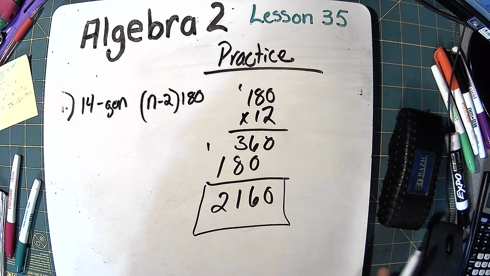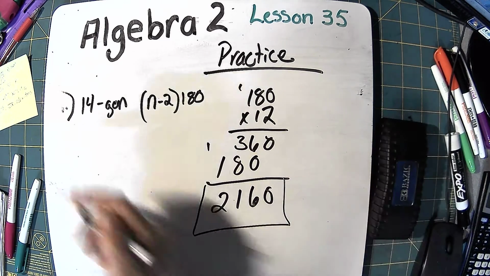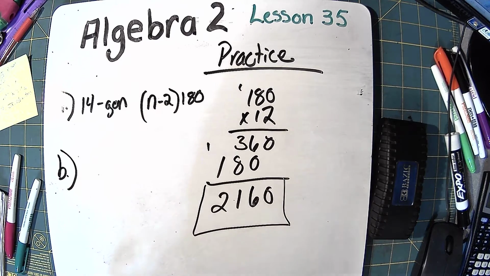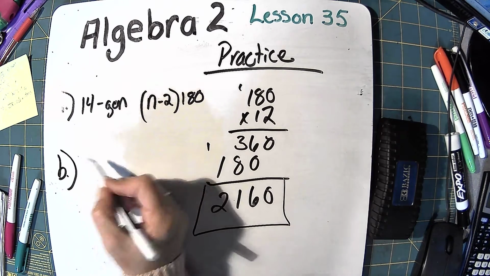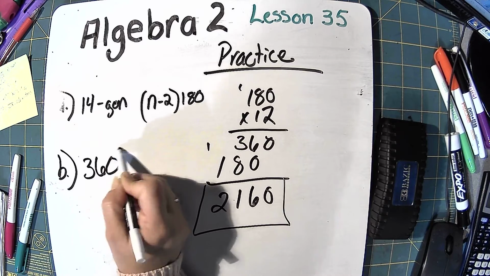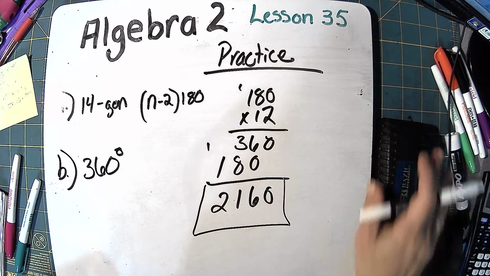That's the answer to A. B is really, really easy. B says to find the sum of the exterior angles of a 14-gon, and that is 360. No matter how many sides it has, the exterior angles always equal 360.